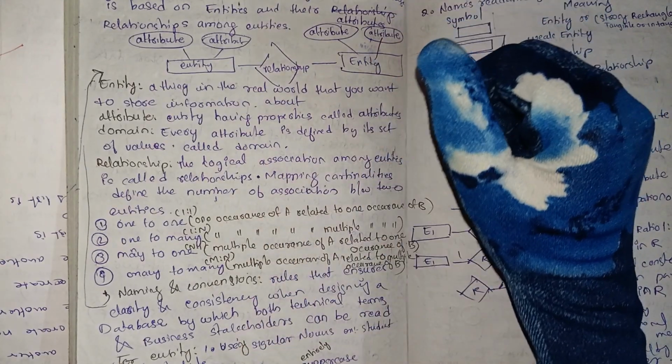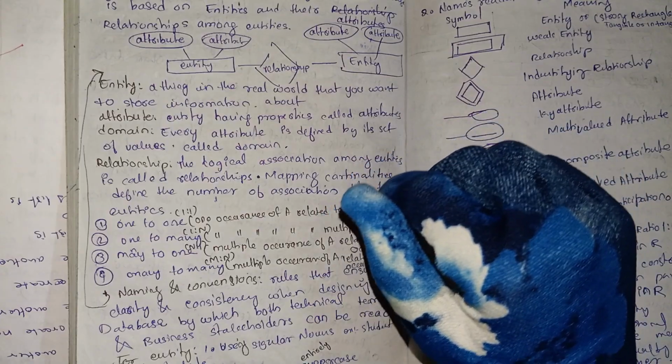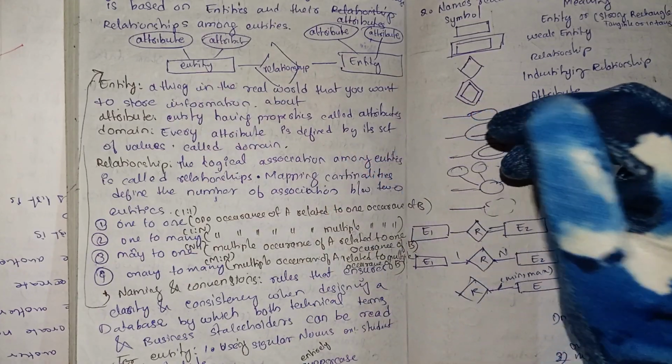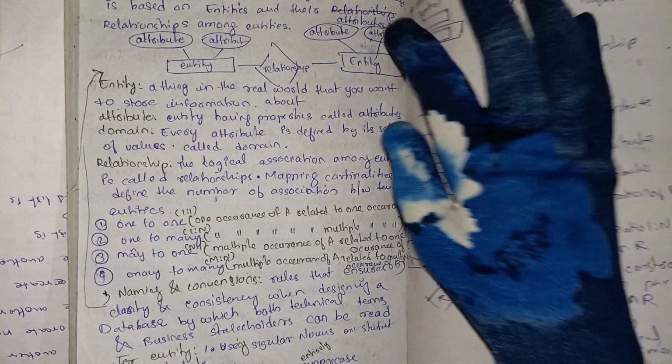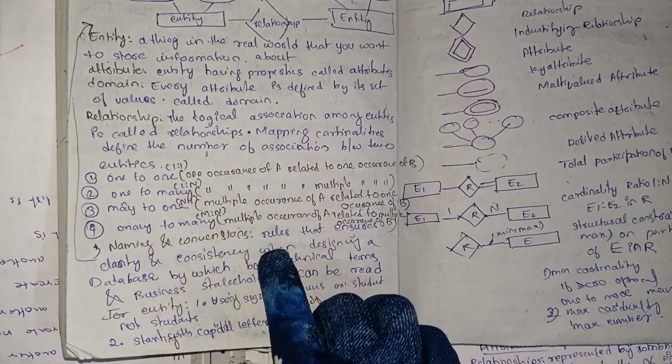These mapping cardinalities we have discussed in the data model video, so I'm not explaining this again. And then naming conventions.